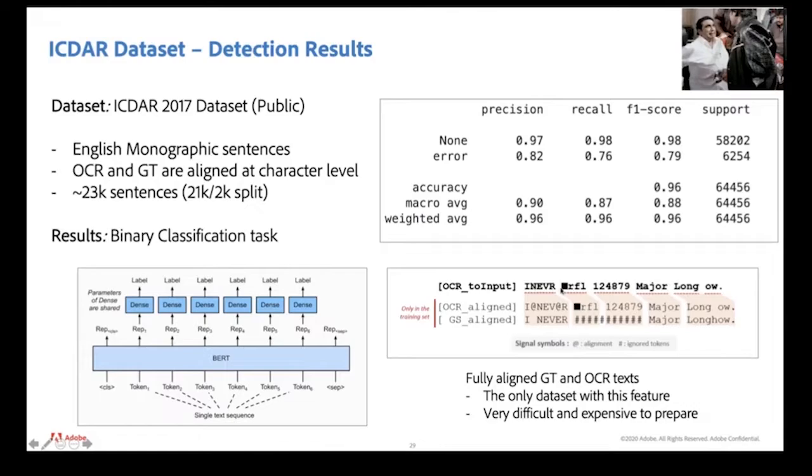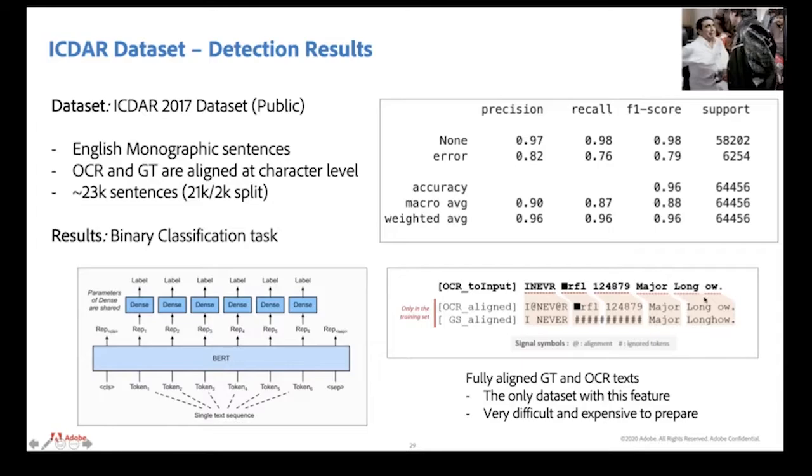It has this perfect alignment between, for example, the OCR text and the ground truth, with the exact alignment spans. Preparing something like this on a large scale is very difficult, where you need a human to actually sit and label each span exactly.